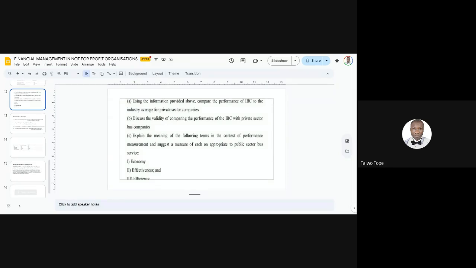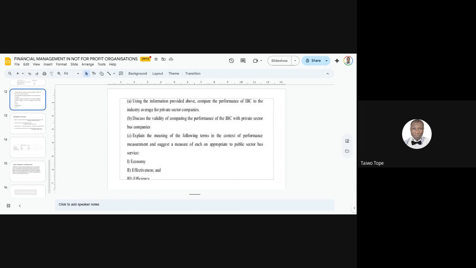Some organizations have adopted a certain pattern. Some organizations adopt the triple bottom line approach. When you talk about the triple bottom line approach, the key things you have to look at are people, planet, and profit. People represent the social factor. The planet represents the environmental factor, while the profit represents the economic factor.